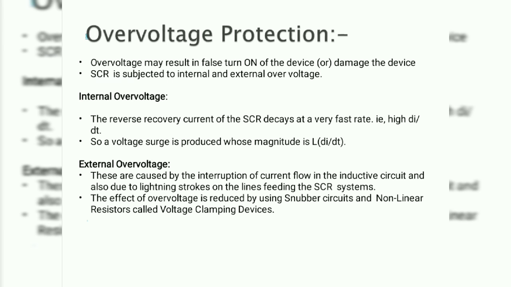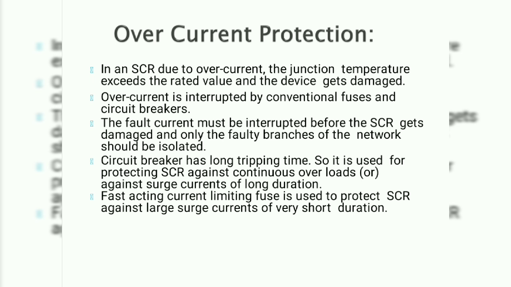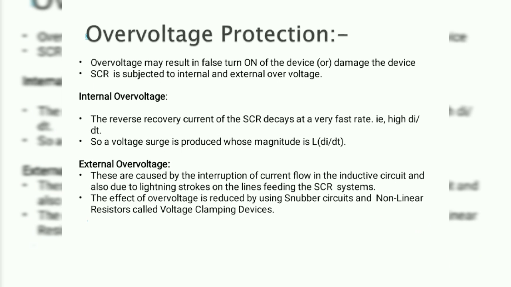Internal over voltage means the reverse recovery current of the SCR decays at a very fast rate, so there is a high di by dt. A voltage surge is produced whose magnitude is L into di by dt. The inductance stores some amount of charge that is going to discharge, giving a maximum amount of voltage. That should be protected.